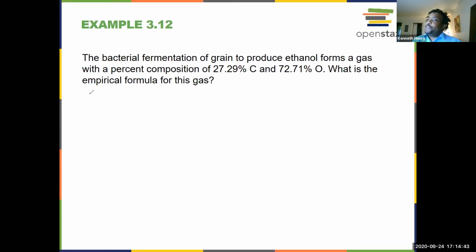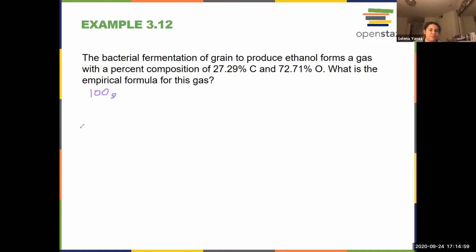Okay, so if we assume that we have 100 grams of this substance, then how much of it would be carbon? 27.29 would be carbon.